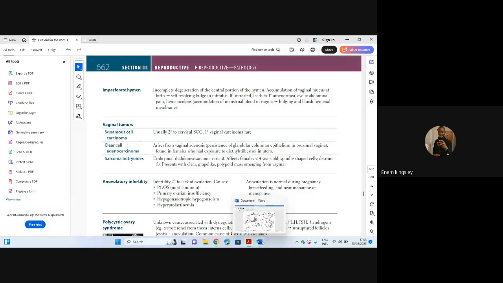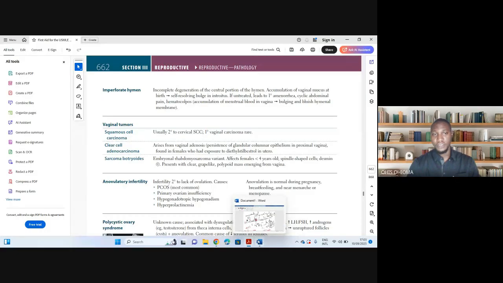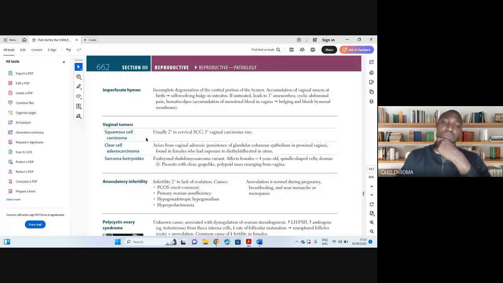Yeah, thank you. So we're going to talk about vaginal tumors. A very common tumor that we have is squamous cell carcinoma of the vagina. It's usually secondary to cervical squamous cell carcinoma, right?